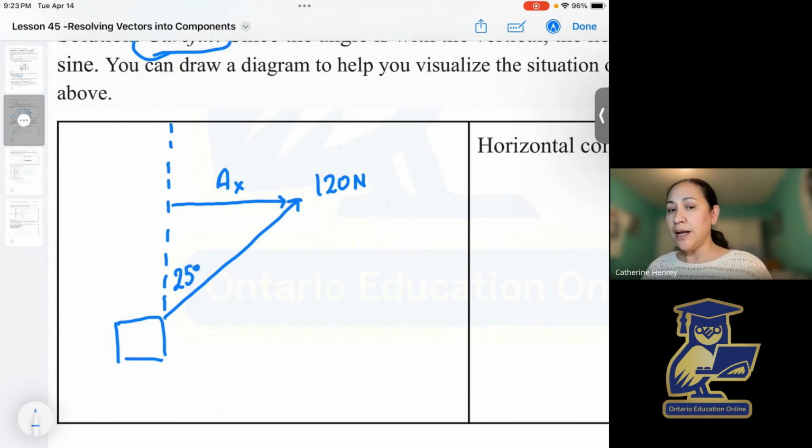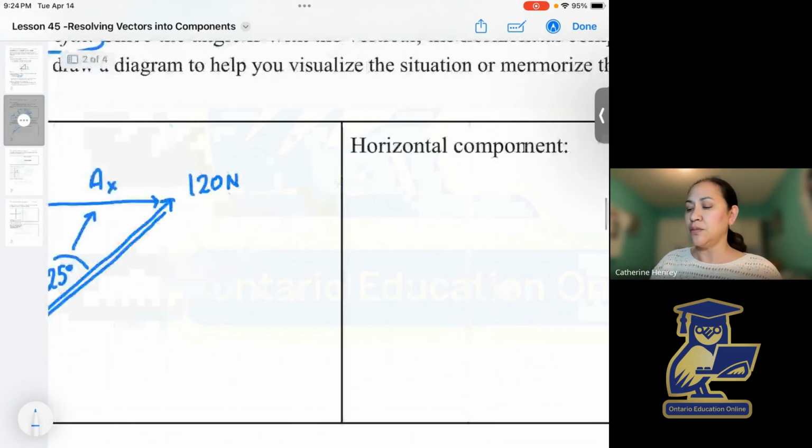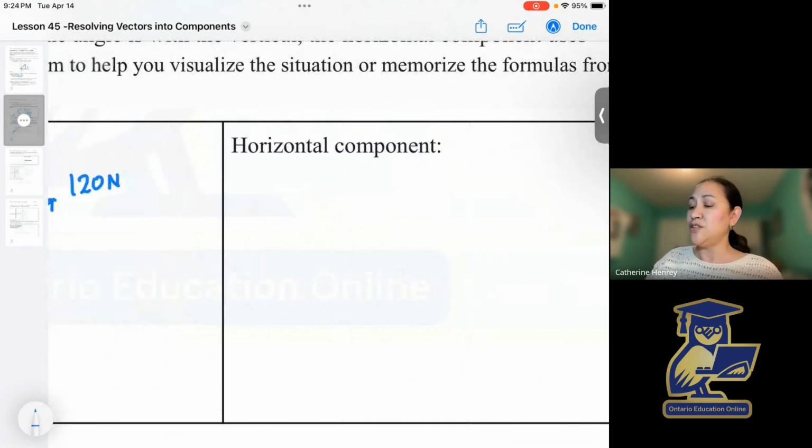Now, if you look at our right angle triangle, theta here is 25. I want to know the horizontal. And so from the angle, that is opposite over the hypotenuse. Opposite over hypotenuse with our trig ratios is really SOHCAHTOA.